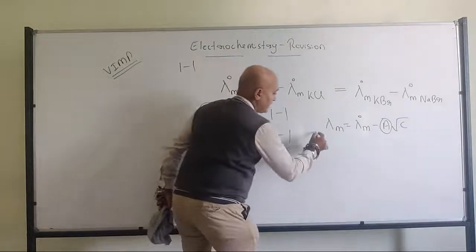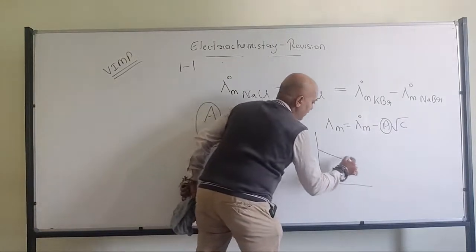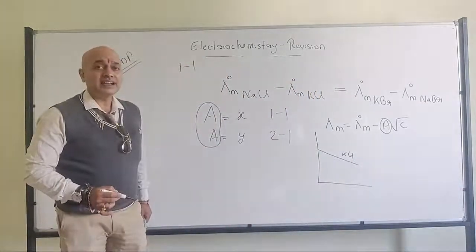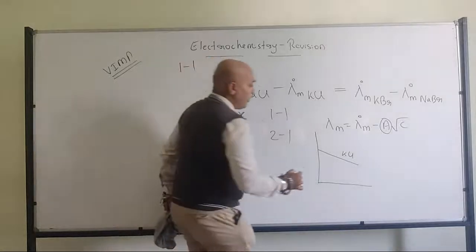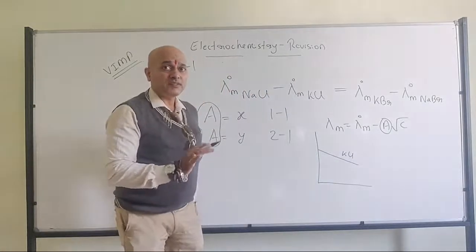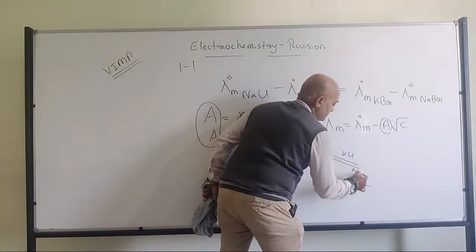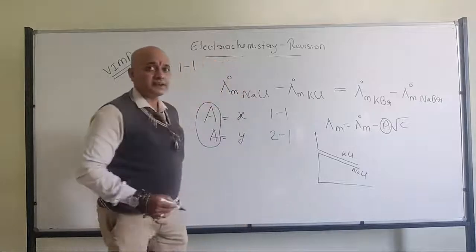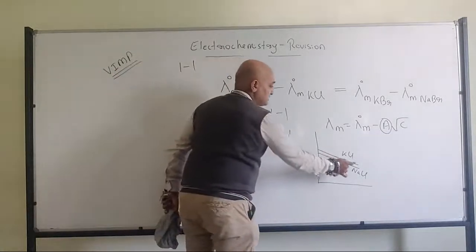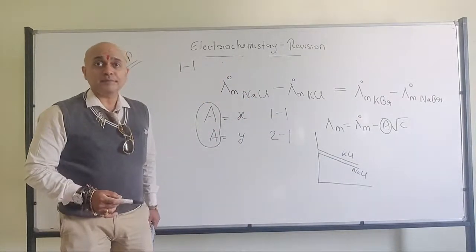So for example, I have a graph. This can be a graph for calcium chloride. If I want to plot it for sodium chloride, I am just giving the graph. It's a rough representation. For sodium chloride, since they are parallel, whatever slope we are going to get, it will be the same.